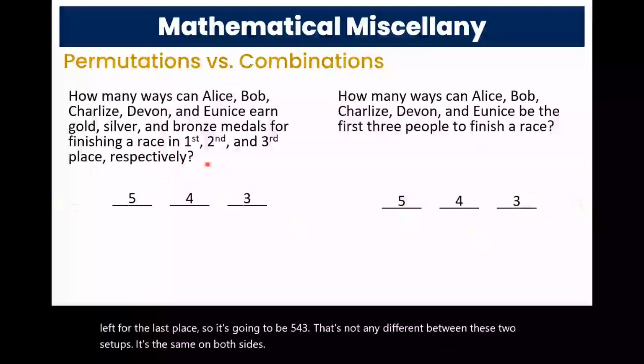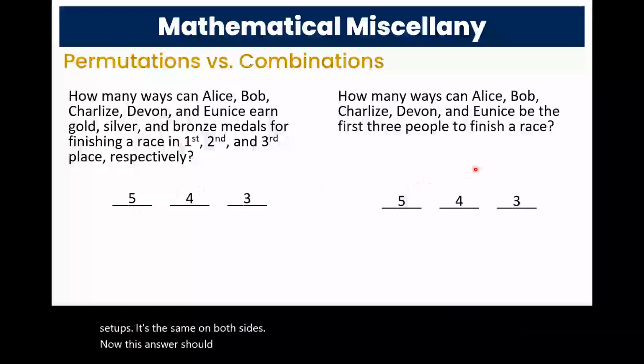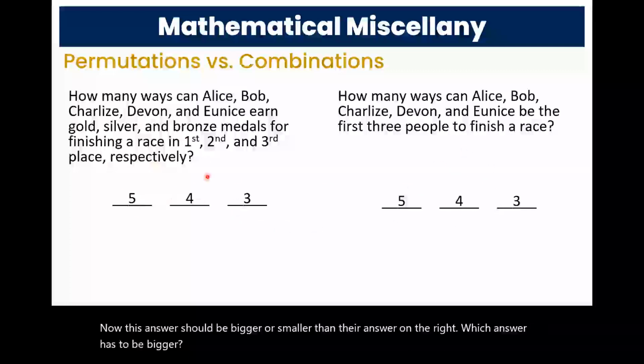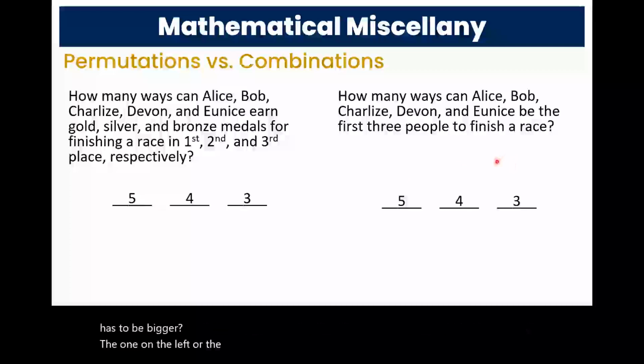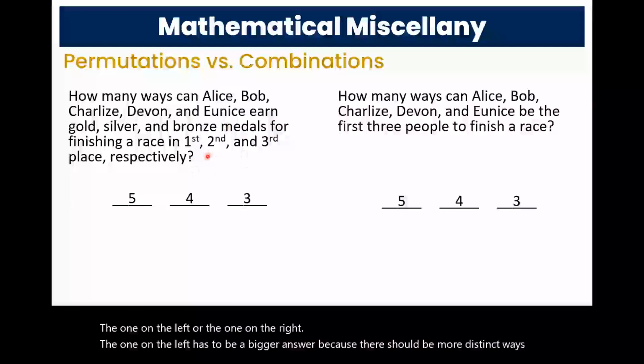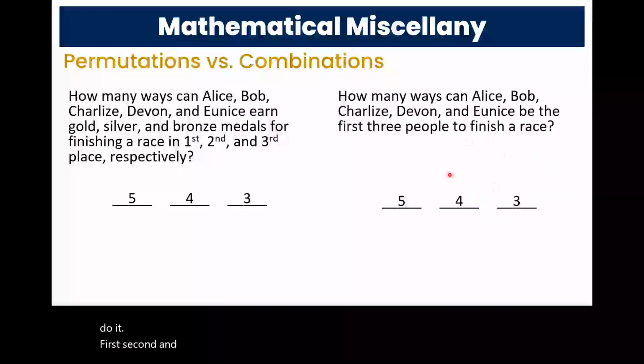Now, should this answer be bigger or smaller than the answer on the right? Which answer has to be bigger, the one on the left or the one on the right? The one on the left has to be a bigger answer, because there should be more distinct ways to do it first, second, and third than there are combinations over here on the right.